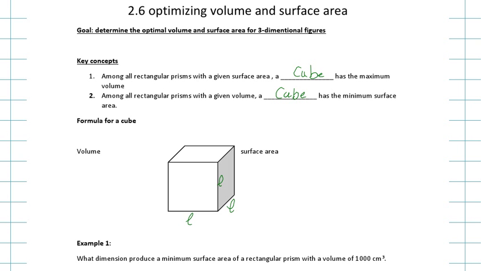So what's the volume of any rectangular prism? Length times width times height. So in this case, it's L times L times L, which is L cubed.